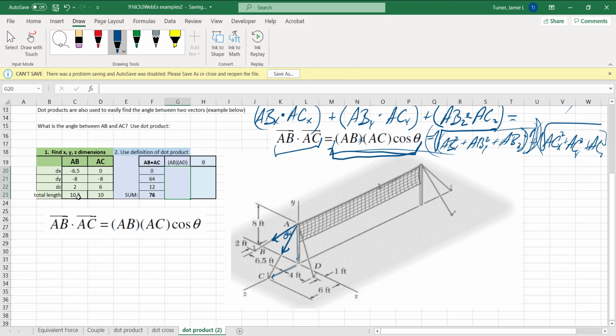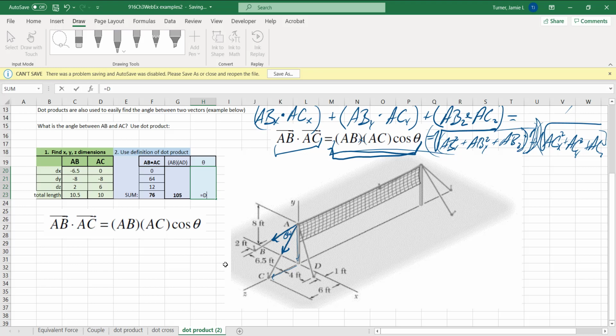Okay, I'm going to grab this little piece of it. So this is the length of one multiplied by the length of the other. So there's the length of AB times the length of AC. And the final piece of this is I want to get this angle. So the angle is going to be the dot product divided by the magnitudes multiplied by one another.